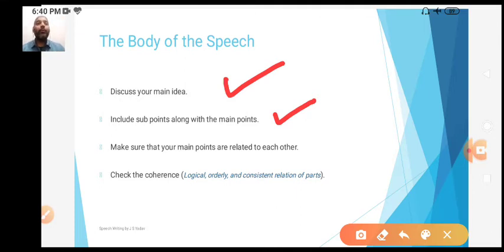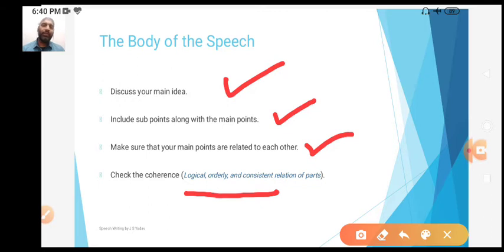Make sure that main points are interrelated to each other, properly related to each other, and that interrelationship makes the coherence. What is the meaning of coherence? Logical, orderly, and consistent relation of the different parts.